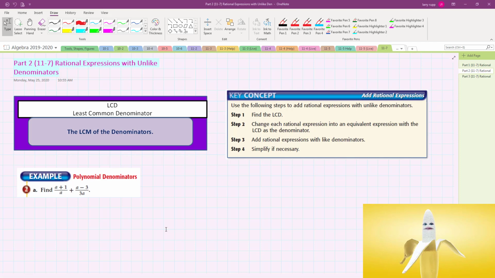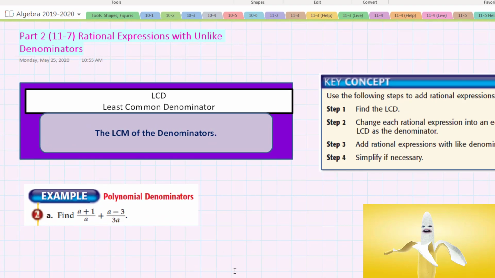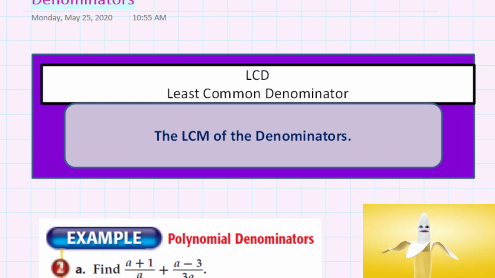Now we come to another thing called the least common denominator. And the least common denominator is simply the least common multiple of the denominators in your expression, in your problem.